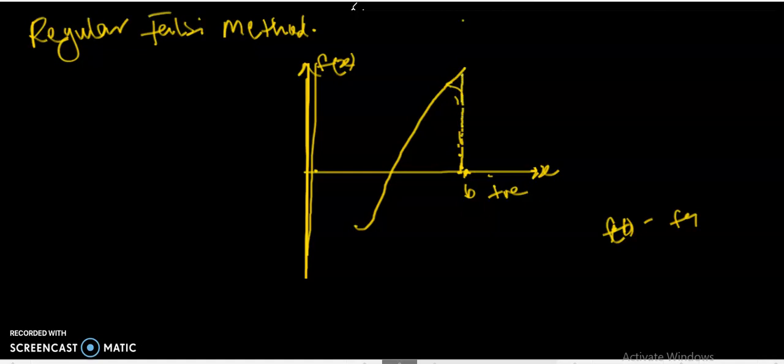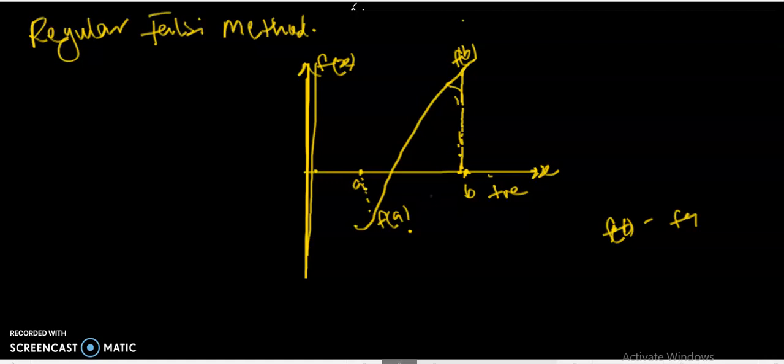Going straight up to here, good, so this will be our f of b. If this is our f of b, let's say that this is our a. So it means that also this is our f of a, which is negative.